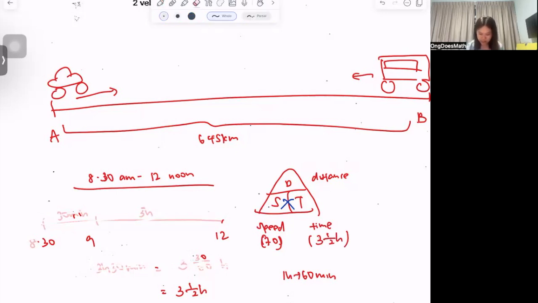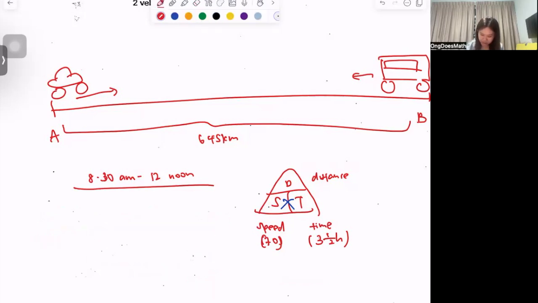So I can erase this. Okay, so the distance traveled by the car will be speed times time, right, which is 70 times 3.5.